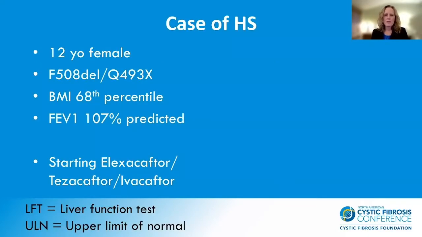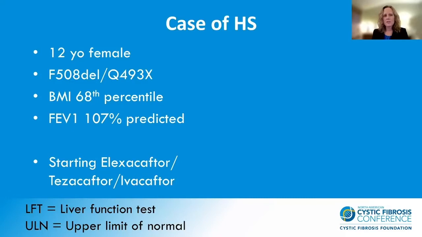I'd like to start with the case of HS. She is a 12-year-old female with F508del heterozygous mutation. She is a healthy child with a BMI at the 68th percentile and an FEV1 107% of predicted. She is starting elexacaftor, tezacaftor, ivacaftor, which from this point I will refer to as Alex-Tez-Iva.